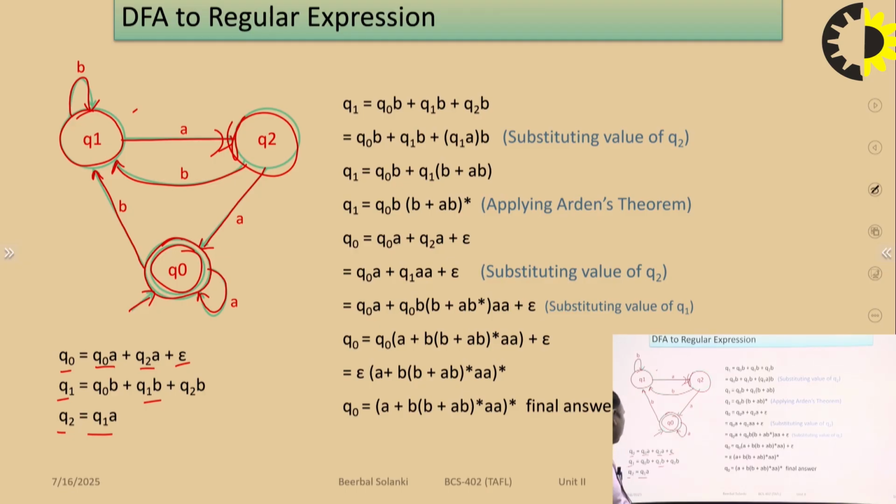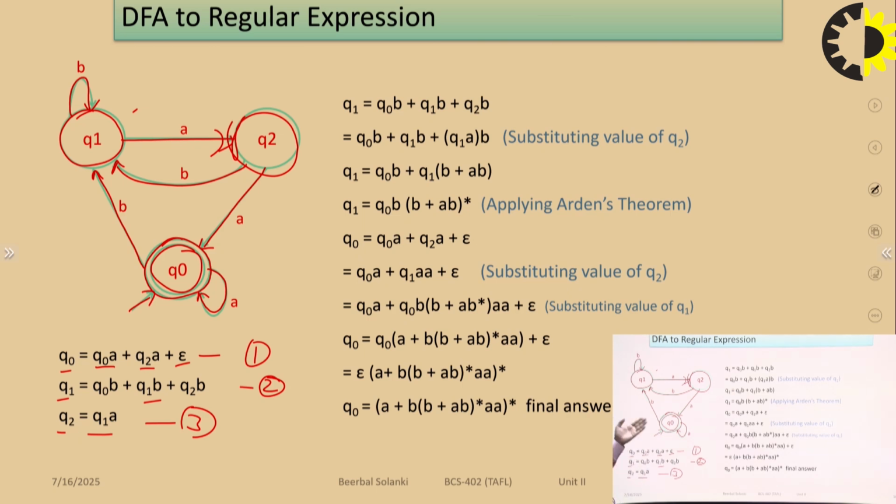Now we find the regular expression with the help of the given equations. Suppose this is equation 1, this is 2, this is 3. Now we find the regular expression for the state Q naught, because Q naught is the final state.